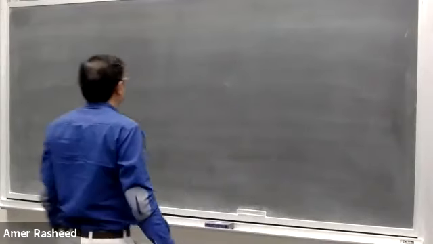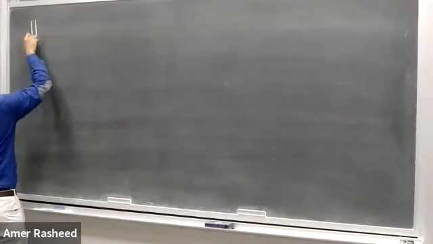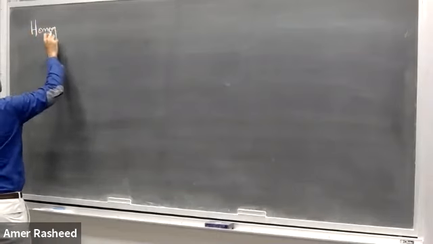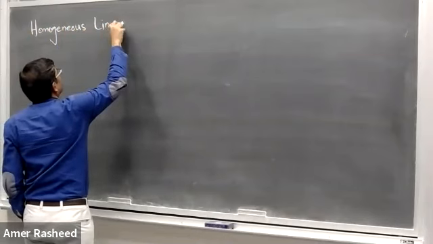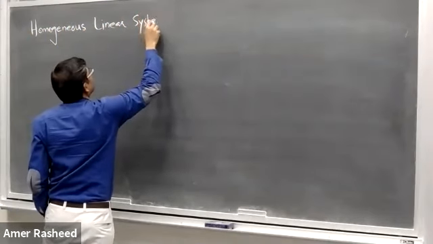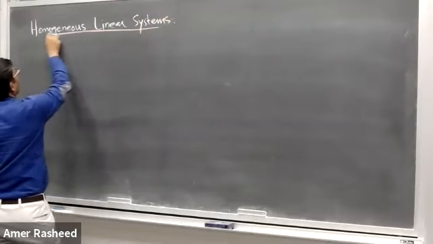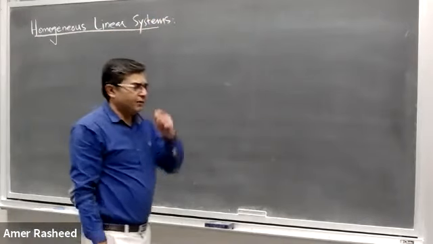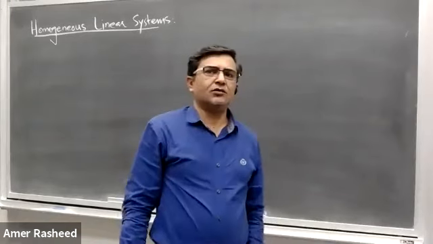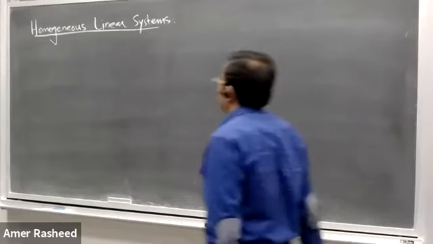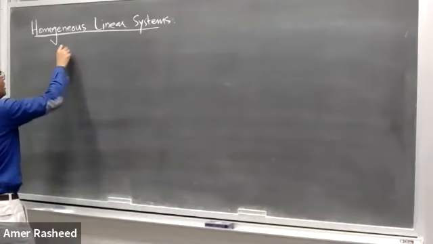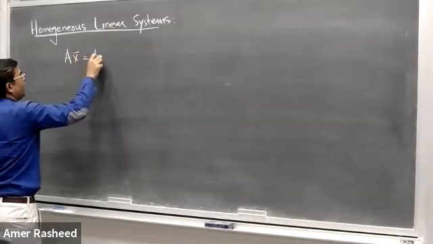Today, we are going to discuss homogeneous linear systems. Homogeneous linear systems are the systems in which the right-hand side is always zero. Means the constant vector which we usually write on the right-hand side of a linear system is always zero. I hope you know how to write a linear system in matrix form.